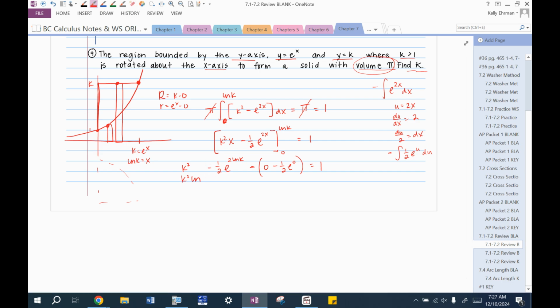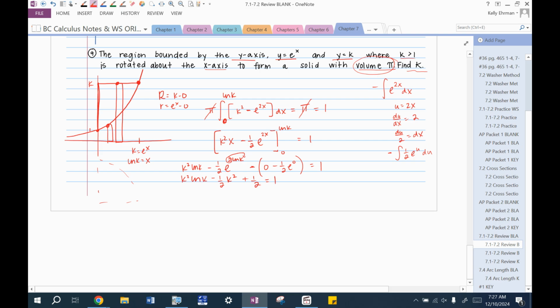Can't do anything with that. But we can simplify this. Now be careful though, you can't cancel the e and the natural log until you make that k an exponent, or that 2 an exponent. So it's e to the natural log of k squared, which leaves us with minus 1/2 k squared. Minus 0 plus 1/2 times 1, so plus 1/2 equals 1.